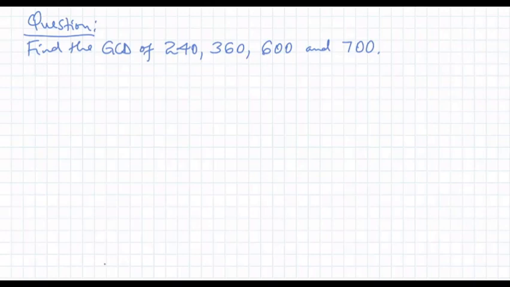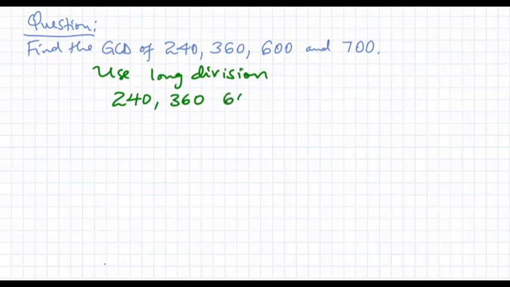So in this case, I'll advise you either to use the prime factor method or the long division method using tables. So we are going to use tables and long division to find the GCD. So you have 240, then 360, 600, 700.